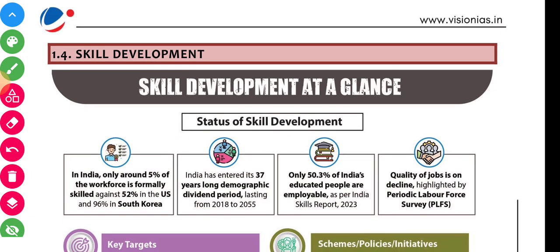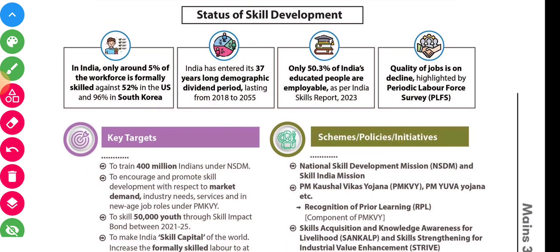Next is skill development. So what is the skill development status in India? Only around 5% of the workforce is formally skilled against 52% in the US and 96% in South Korea. A 37-year long demographic dividend period lasting from 2018 to 2055.